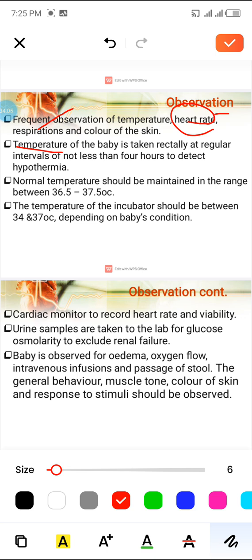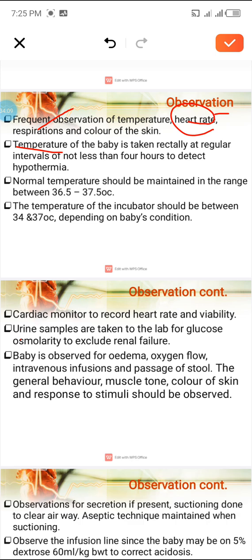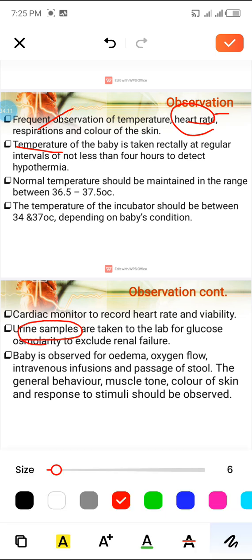You can also record the urine output because it's very important. We said that urine output can be reduced. So you want to check the urine output so that at least you know if the child is not going into renal failure.